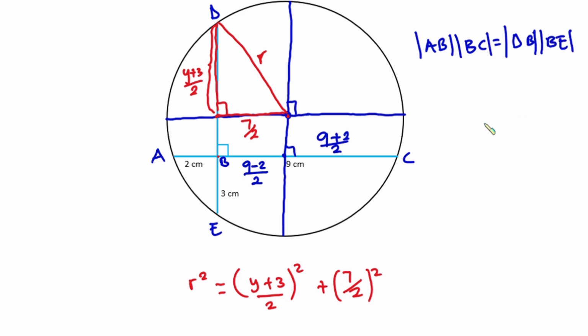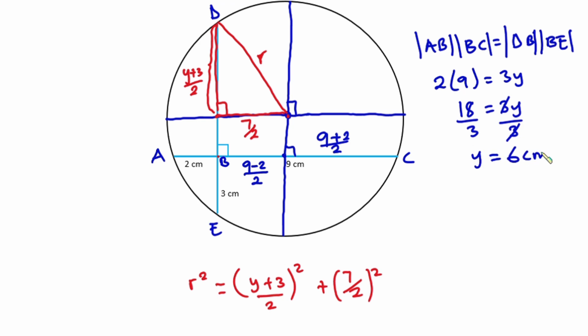So we have 2 times 9 is equal to 3Y. 2 times 9 is 18 and this is equal to 3Y. We are looking for Y, so let's divide each side of the equation by 3 so that this will cancel this. Now we have Y is equal to 6 centimeters.